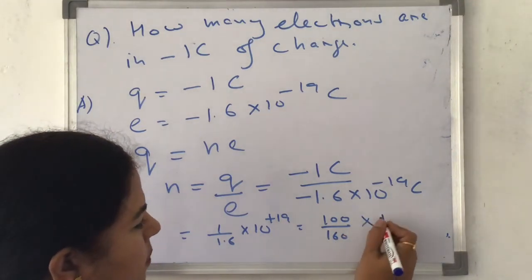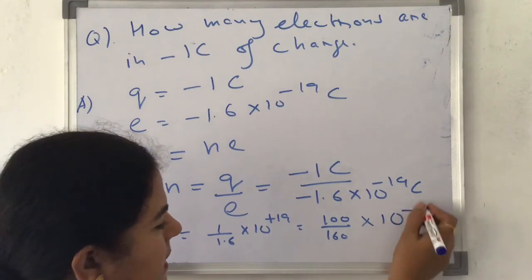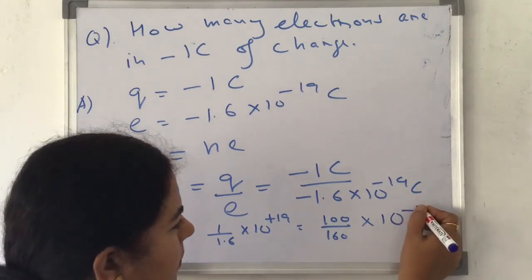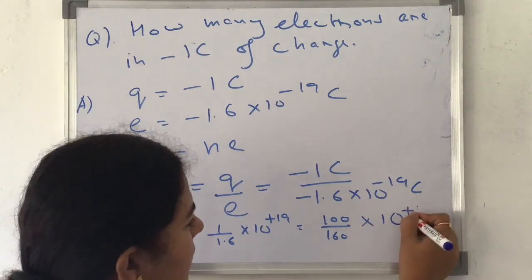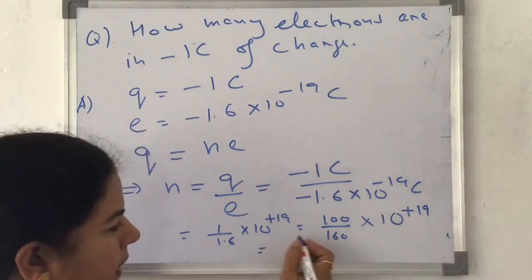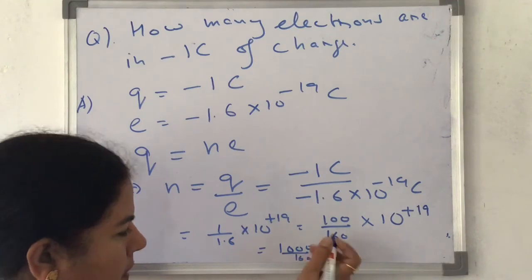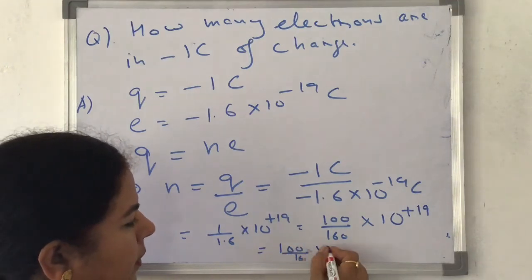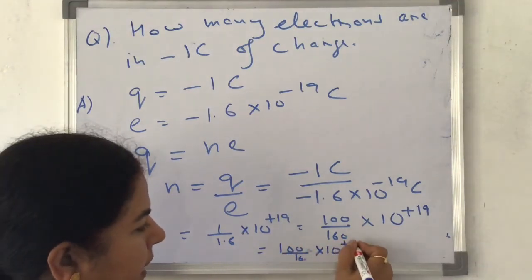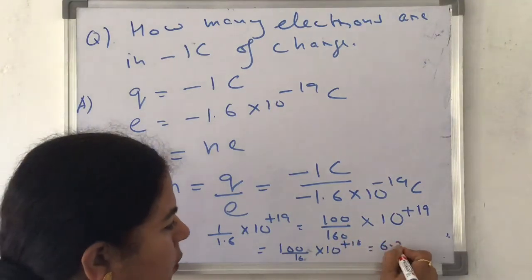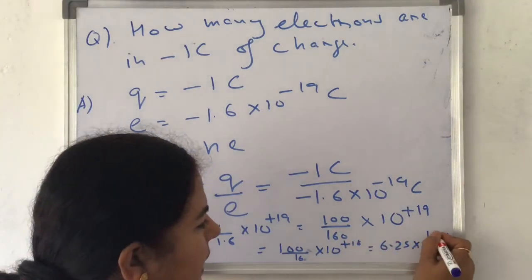So it goes up, 1 by 1.6 into 10 raised to power plus 19, so it becomes 1000 by 160 or 1600 by 16, into 10 raised to power 18, so it becomes 6.25 into 10 raised to power 18. These many electrons.